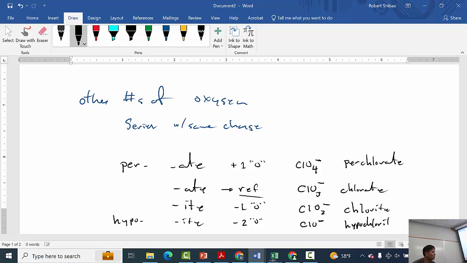Hypochlorite is bleach. Bleach is what we call a good oxidizer. You know, people use bleach to do different things, including water.